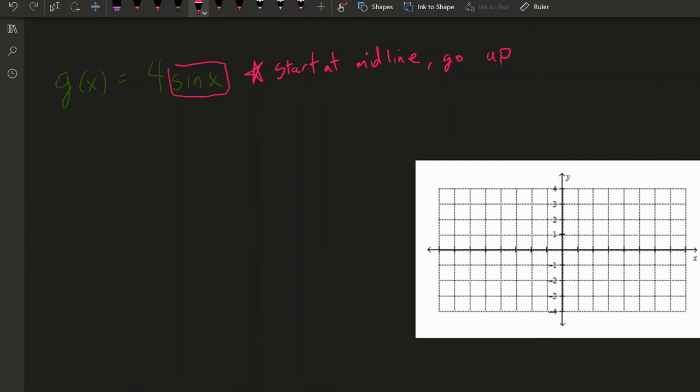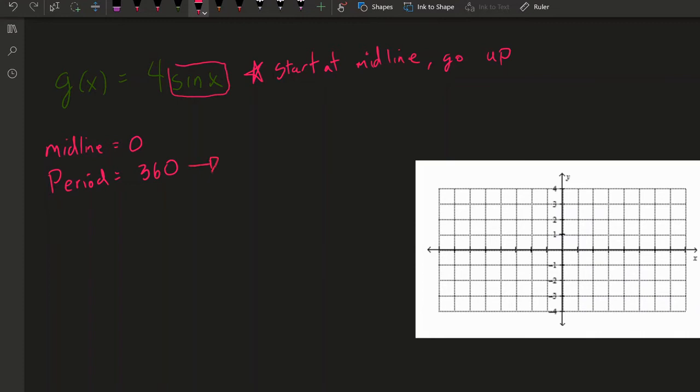Since there's no h or k, I'm going to be doing no phase shift, no vertical shift. That means the midline is going to be 0. The period here is going to be 360 degrees.